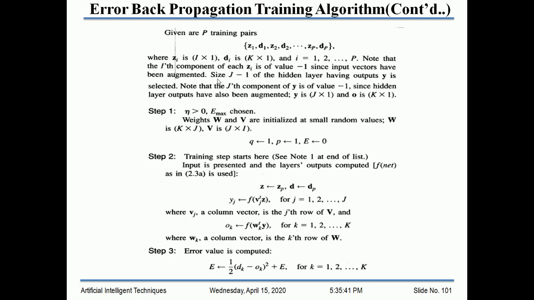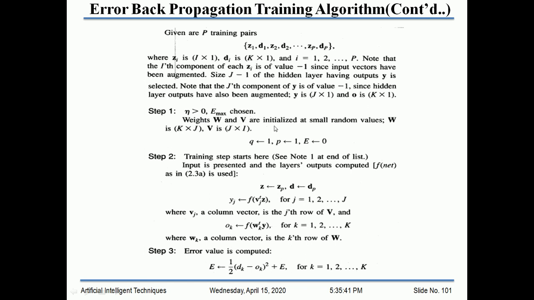Since a continuous activation function is being used, you don't get exactly zero error. So we fix the maximum error and later compare the obtained error with it, and accordingly decide whether to stop the training or not.